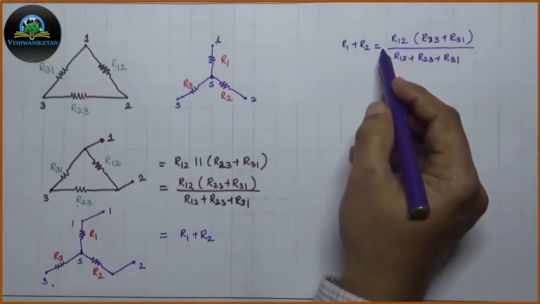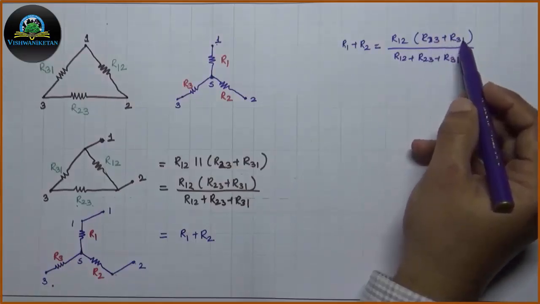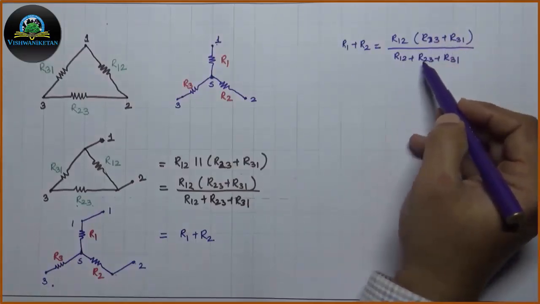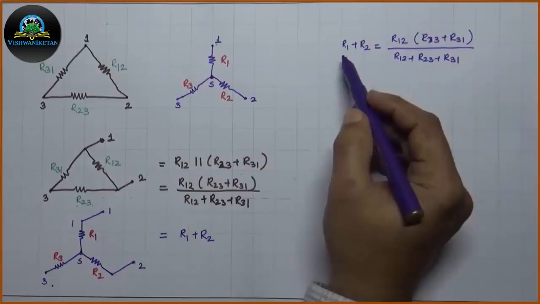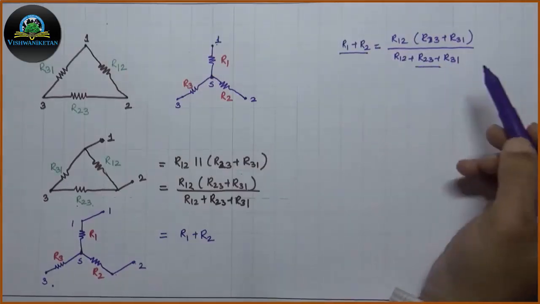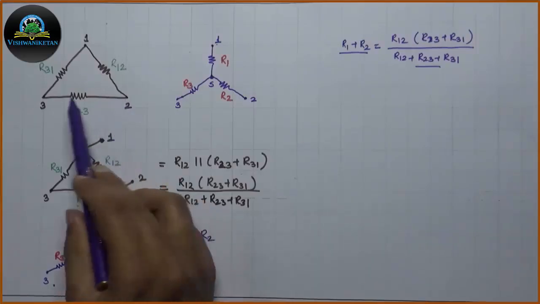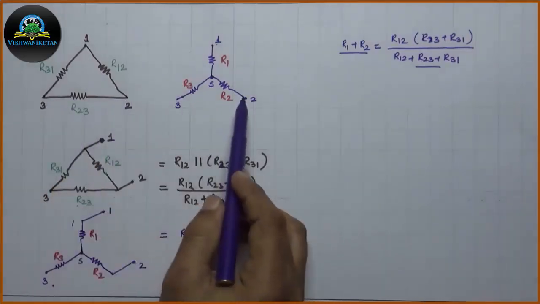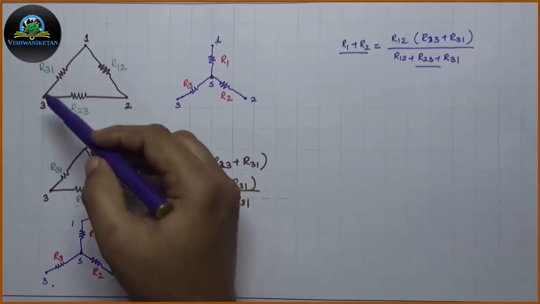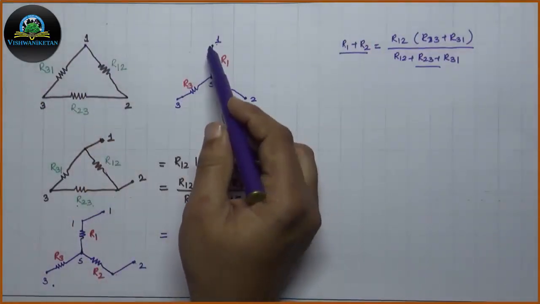R1 plus R2 is equal to R12 into (R23 plus R31) divided by (R12 plus R23 plus R31). This portion is for star connection and this portion is for delta connection. Similarly, it can be shown for other terminal pairs also, like 2 3 for delta and 2 3 for star, and 3 1 for delta equivalent with 3 1 for star.